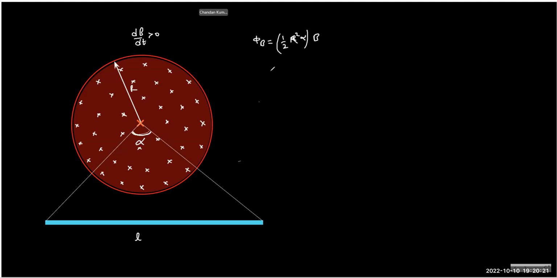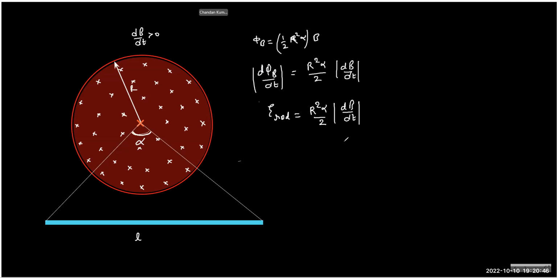So therefore, the d phi by dt we can write as, so the magnitude of induced EMF in the rod. Is this clear? Yes.